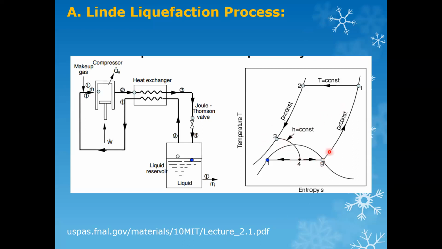As you will notice, our process exits the saturation curve, and this part right here is important. This is the separator. Part of the gas would be liquefied right here, and part of it will remain as vapor. So this is point 4.